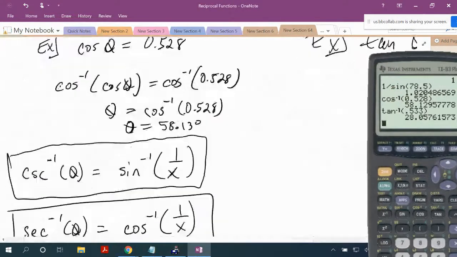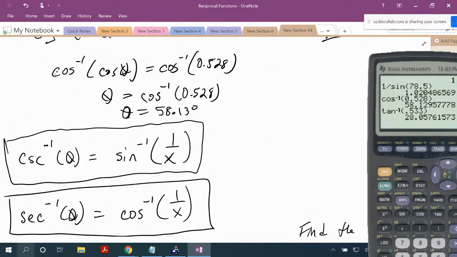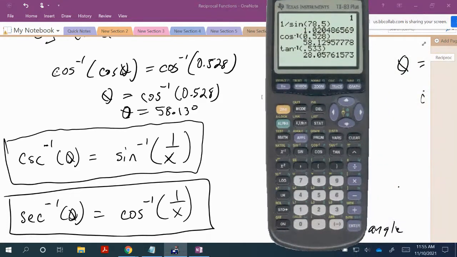All right, now lastly, what if you were asked to find the angle measure for a cosecant or a secant, right? Here is what we have. The arc cosecant of theta, right? Since there is no arc cosecant on our calculator, we must enter in the arc cosecant as the arc sine of 1 divided by x.